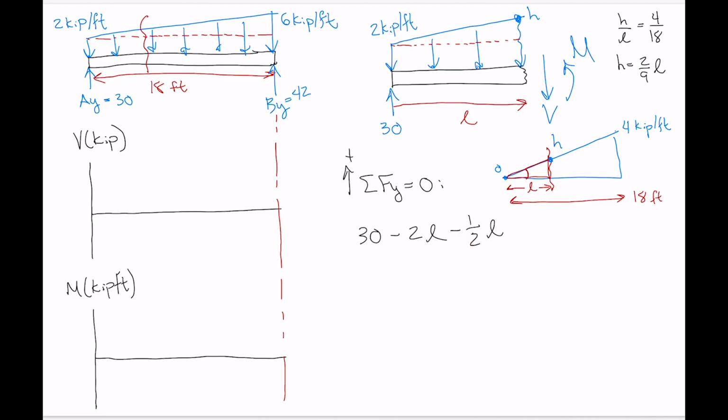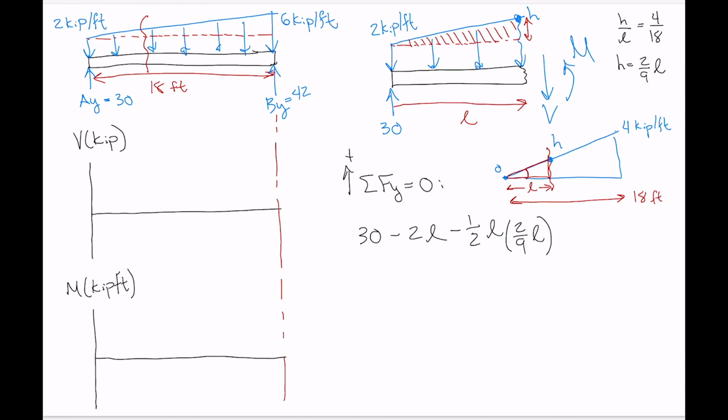Let's continue that. So the resultant of the triangular portion of the distributed load is 1/2 base times height. We've got the 1/2 base now, and we know the height of that, so h here again is just the height relative to the top of that rectangular portion of the distributed load, and its value is 2/9 L. So we've got 2 over 9L here.